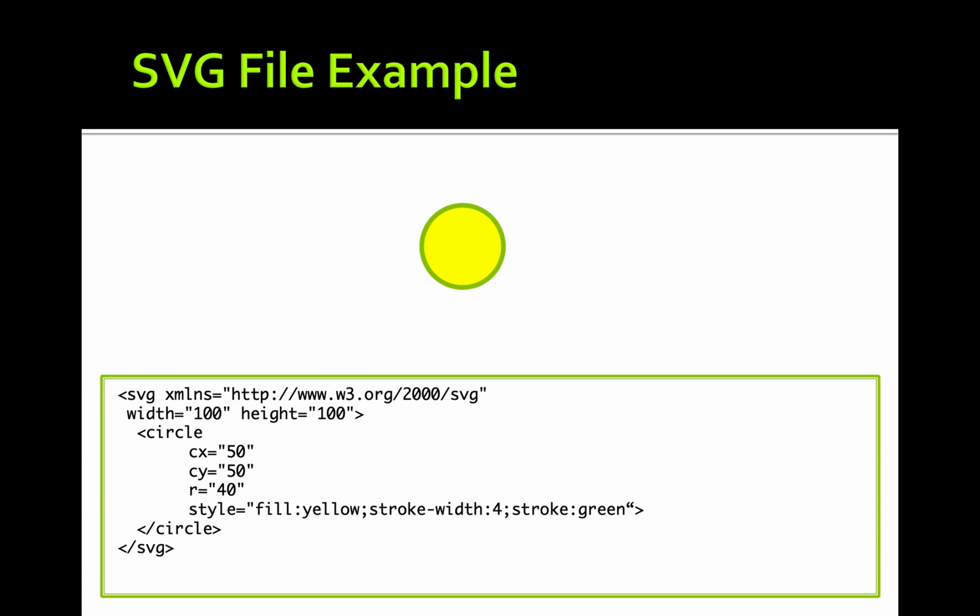We are just saying that at the point 50, 50, we are going to draw our circle of radius 4. Whether it is high resolution or low resolution, we can simply increase that R value, and the size of the circle will go up or down. It is a simple, straightforward mathematical notation that we use to represent that circle.